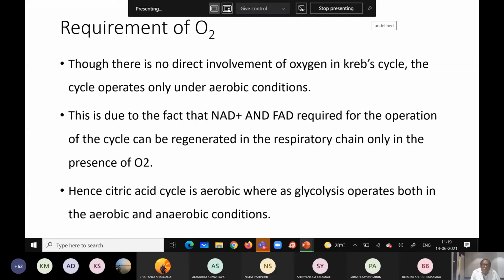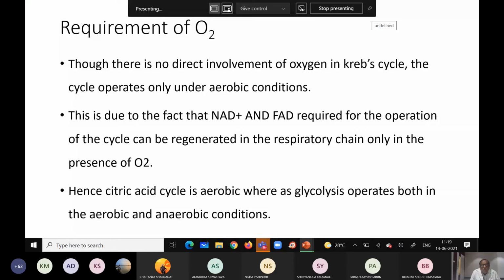So you may remember that glycolysis is the one metabolic pathway which takes place in the presence of oxygen and also in the absence of oxygen. Whereas this TCA cycle works under aerobic condition.